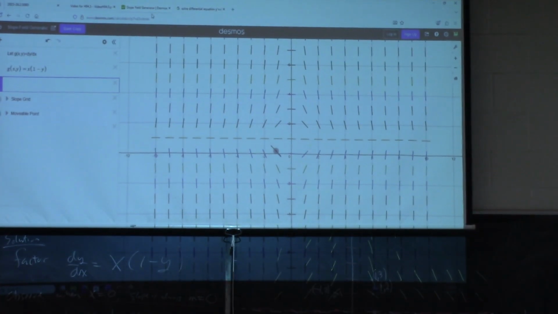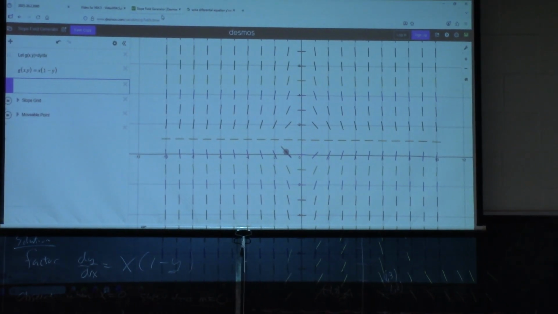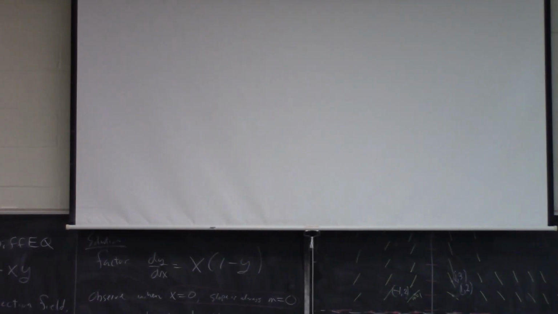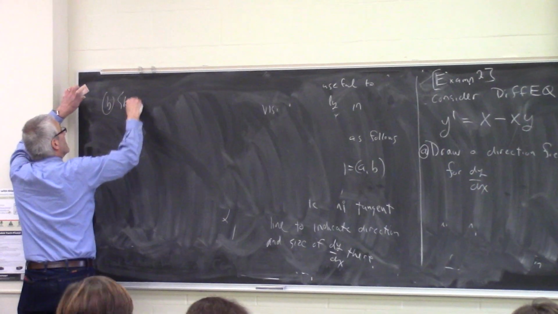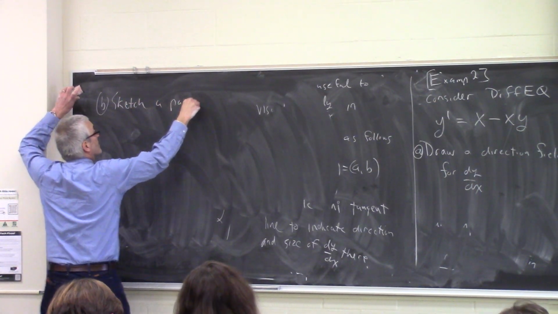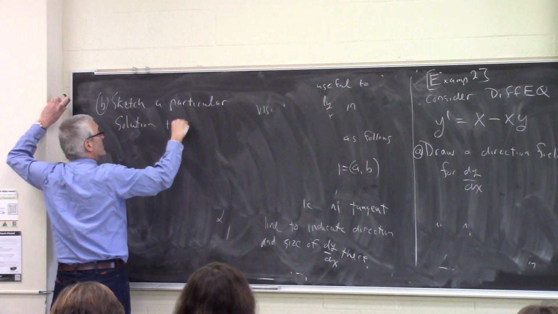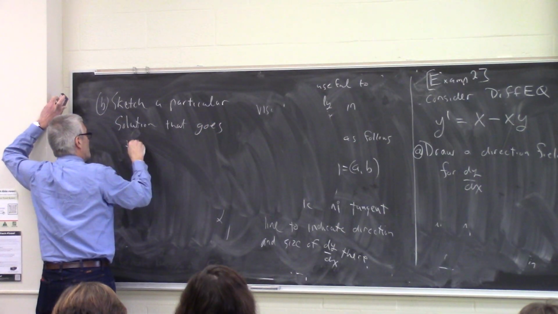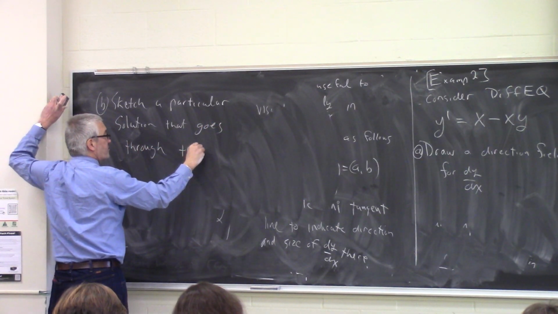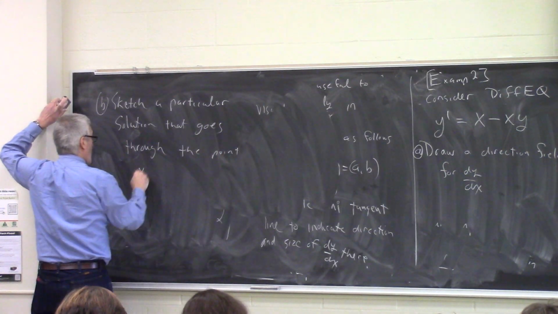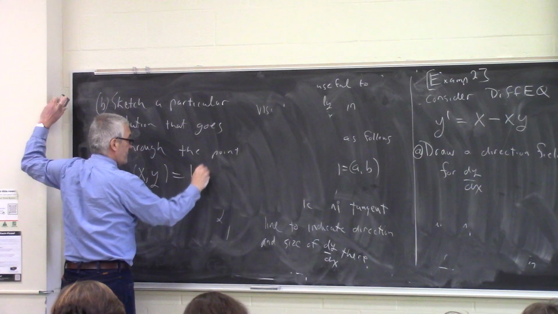Now question B is sketch a solution, a particular solution that goes through the point 1, 0. So that goes through the point x, y equals 1, 0.